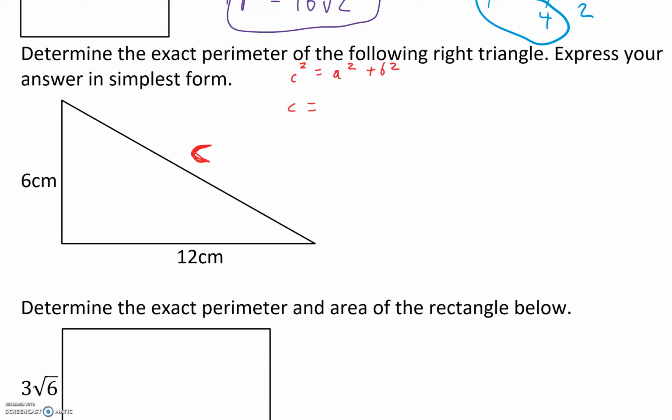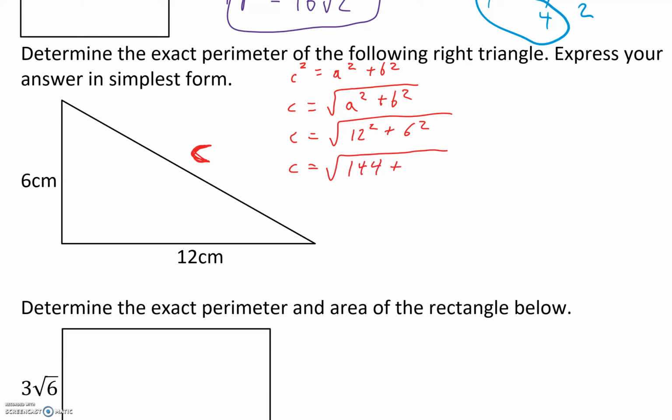I'm going to change that into a radical, square rooting both sides. And then let's put in the different values. So we have 12 squared plus 6 squared, so we have 144 plus 36. So that is square root of 180.